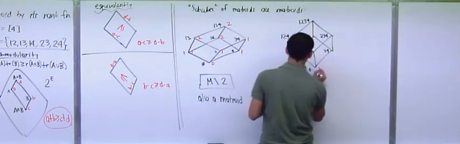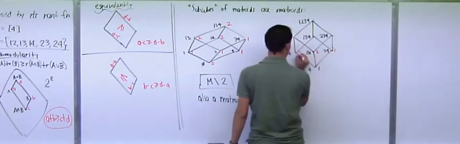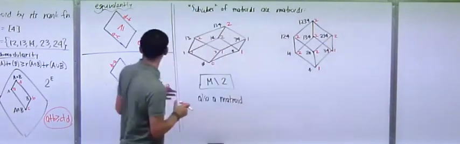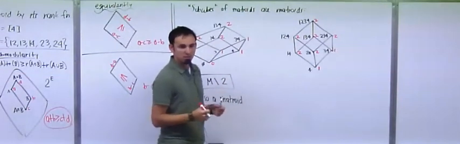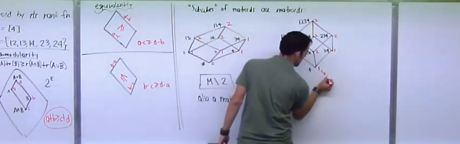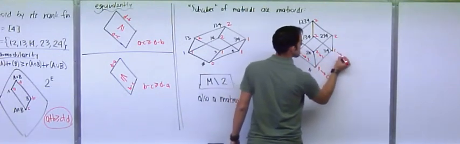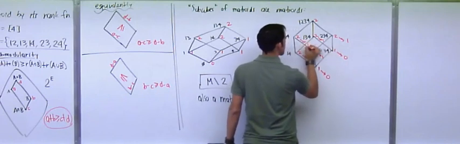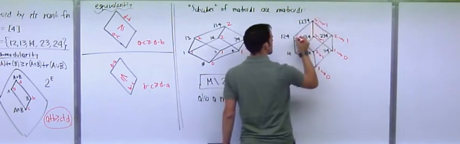So I had 1, 2, 2, 2. This is a subcube of my cube, and I just need to make some changes. First of all, I just subtract 1 from everything. And I get rid of these guys.